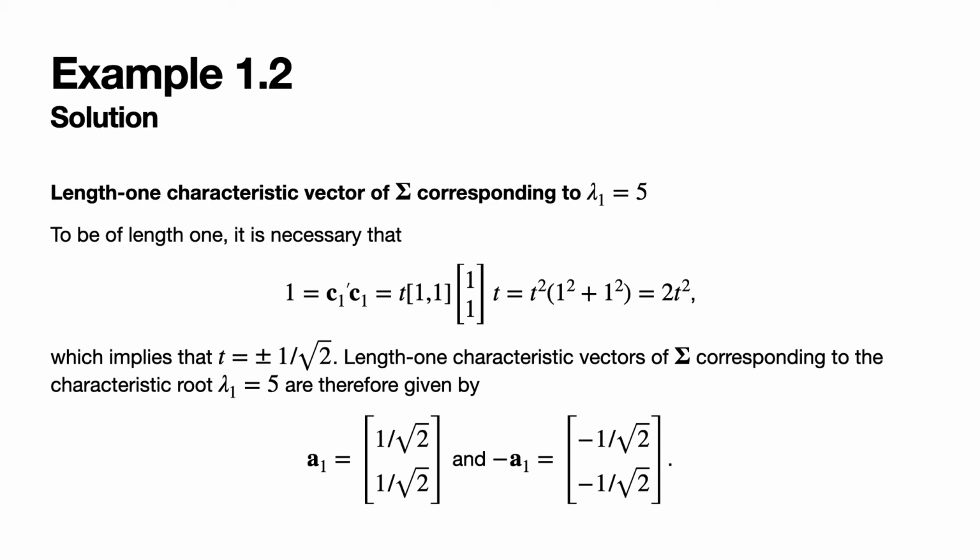A1 is the 2 by 1 vector containing the entries 1 over the square root of 2 in both row 1 and row 2. We can also have the negative of that vector, which is in the opposite direction. We'll denote that negative A1, the 2 by 1 vector containing entries negative 1 over the square root of 2 in both the first and second rows. Each of those is a length 1 characteristic vector of cap sigma corresponding to the characteristic root lambda 1 equal to 5.